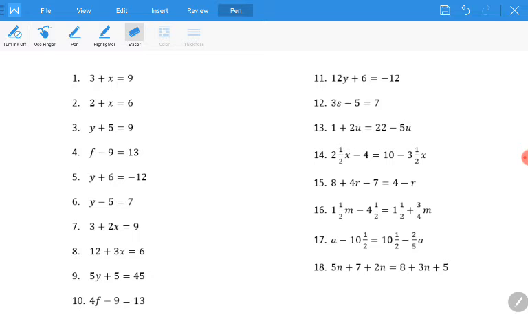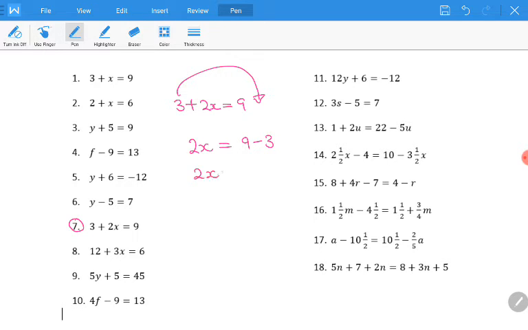Now, let's look at question number 7, which is looking a bit different. Question number 7 is saying 3 plus 2x is equal to 9. So my 3 is going to cross over to the right hand side. So my left hand side will be 2x, then my right hand side will be 9 minus 3.